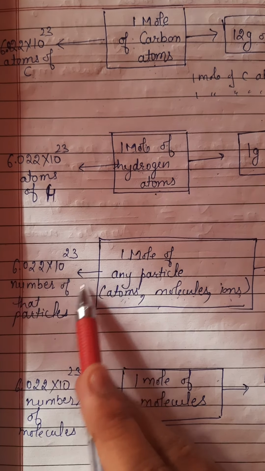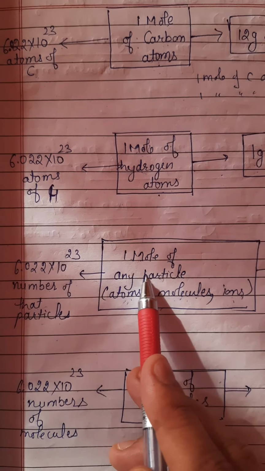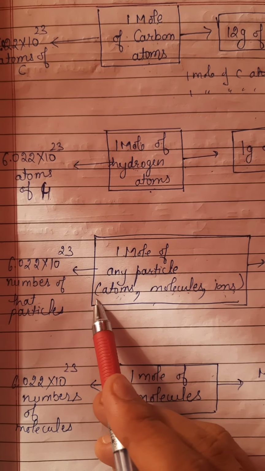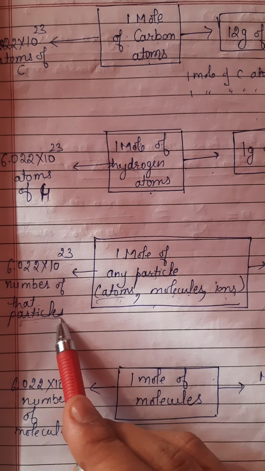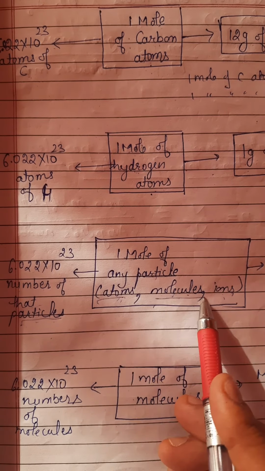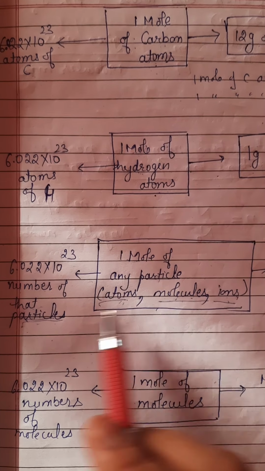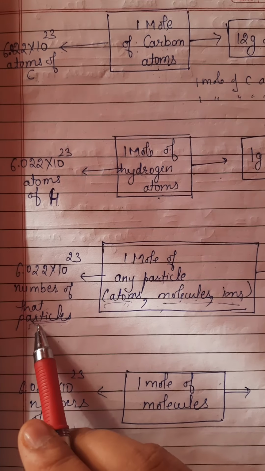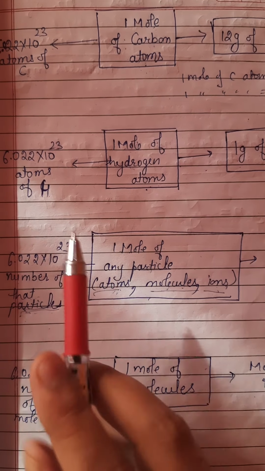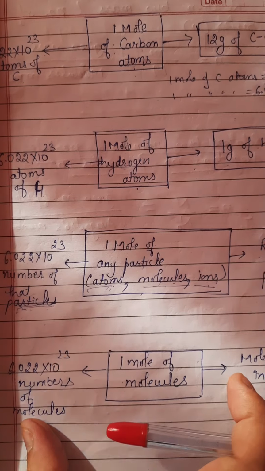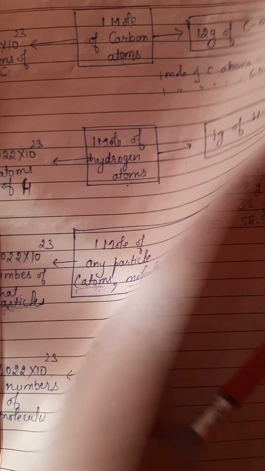We will write the number of that particle. In place of particle, if I am asking atoms, then you will write atoms. If I am asking molecules, then you will write molecules. If I am asking about ions, then you will write ions. This is the basic thing about the mole concept.